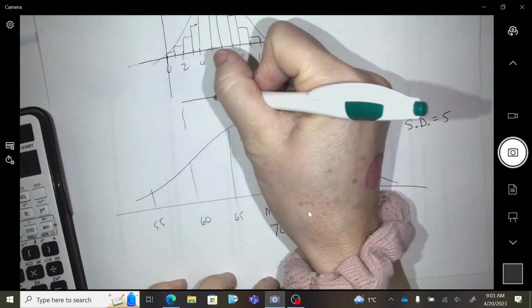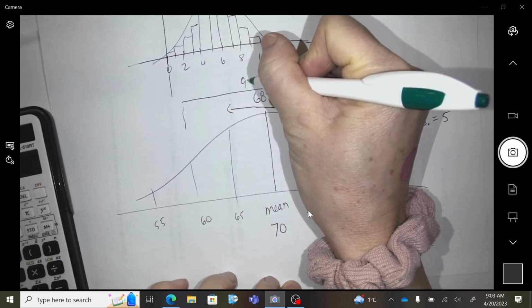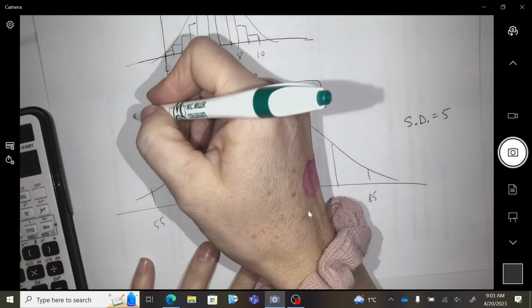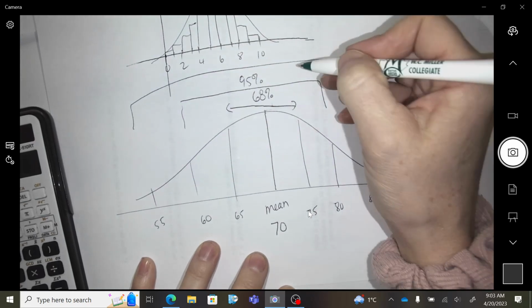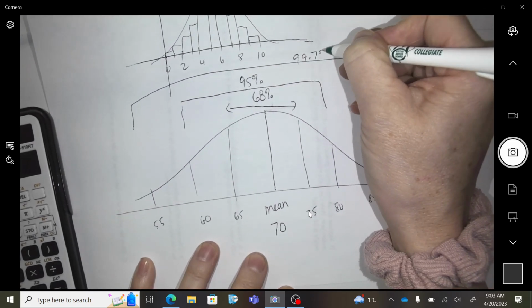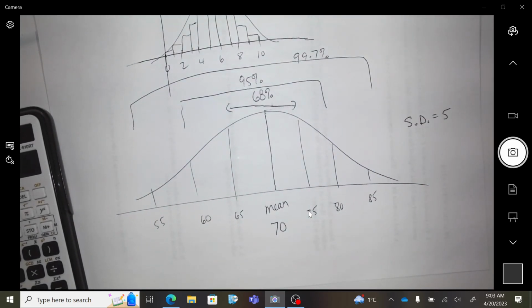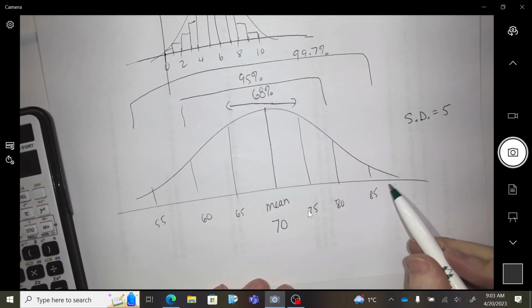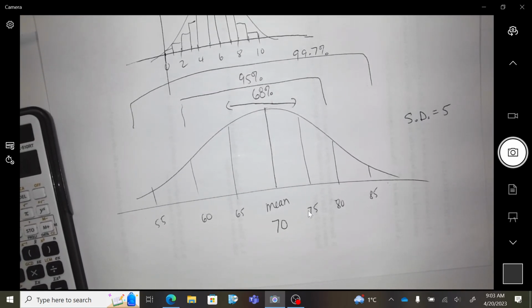It would mean 95% of the students scored between 60 and 80, and it would mean that 99.7% of the students scored between 55 and 85. So if you had scored a 90 on the exam, you would be an outlier. You would be way above the normal. Okay? Or if you'd scored below. That's kind of the idea.